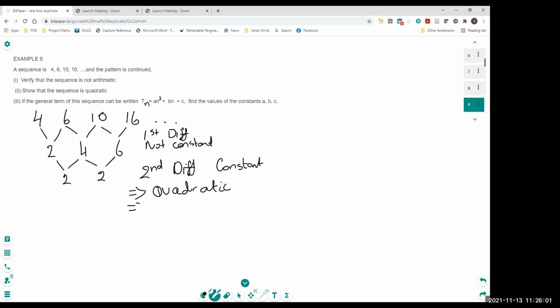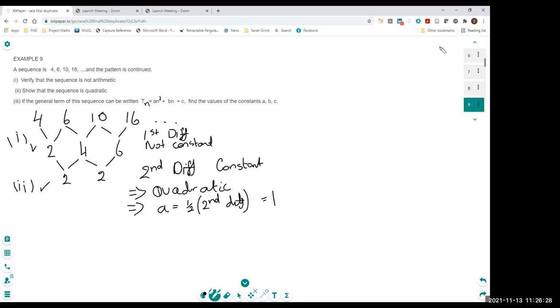And that also tells us that A is equal to half the second difference, which is equal to 1. Straight away, we've got that information garnered. So you have verified that the sequence is not arithmetic. Show that the sequence is quadratic, which we have now done. So we've done part 1 and part 2.